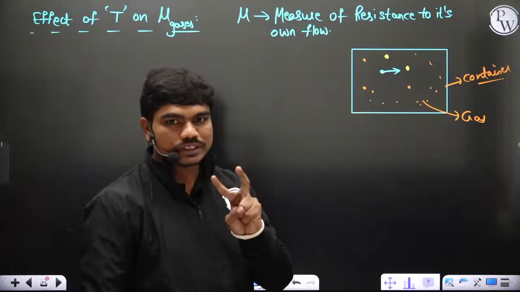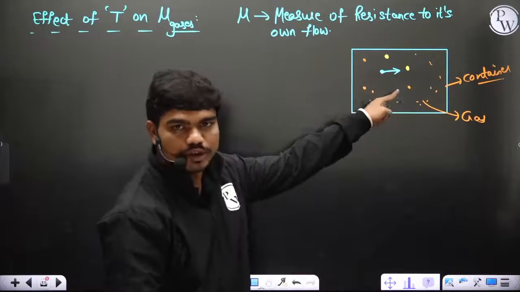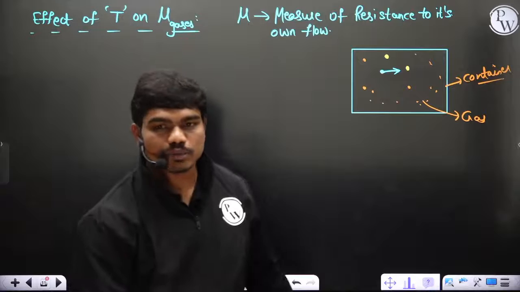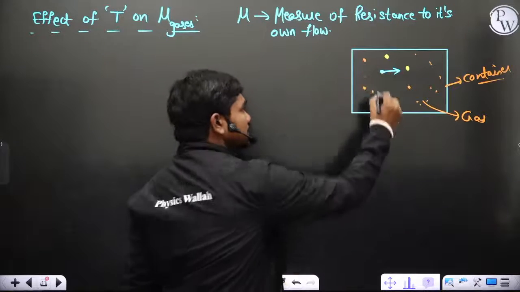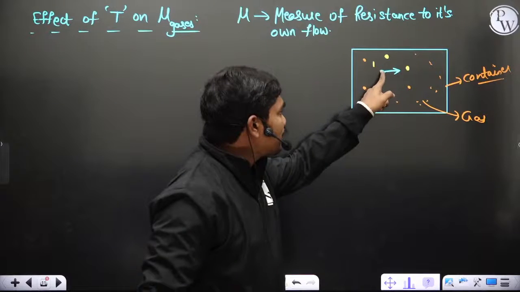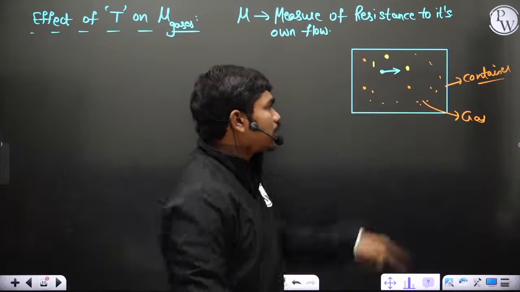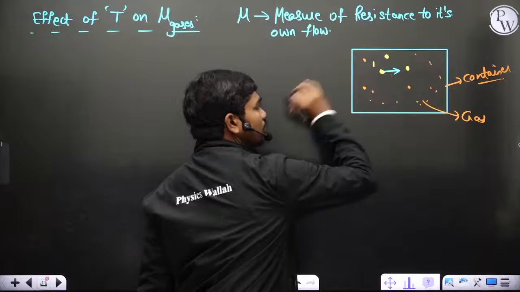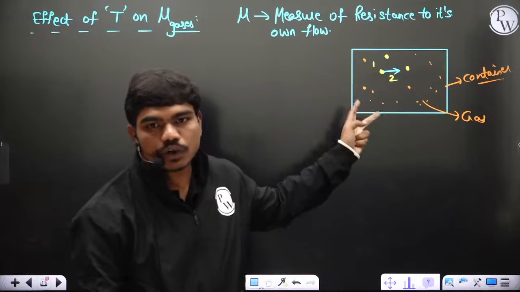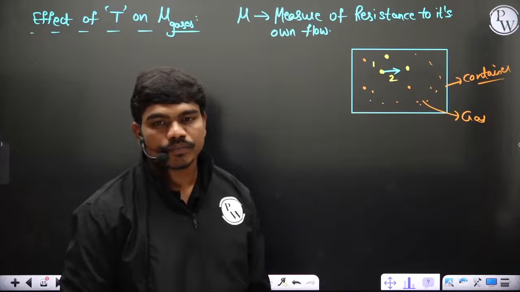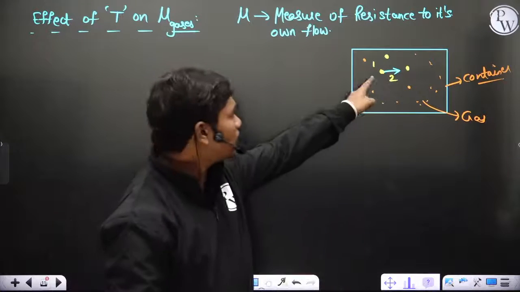So there are basically two reasons to resist the movement of this molecule. One is the cohesion between these two. Let us say this is case 1. The other is the impact with this molecule, then also this molecule will experience certain resistance. Can anyone tell me out of situations 1 and 2 which is more effective in stopping this molecule?